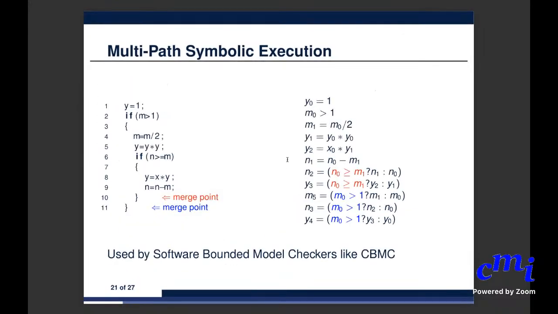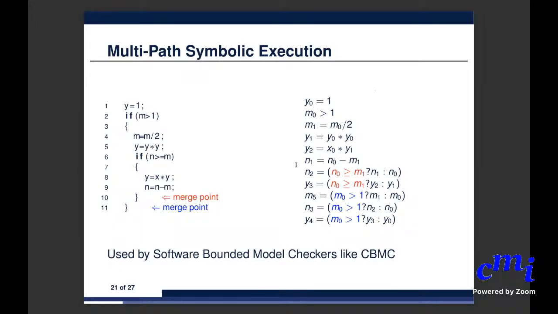Okay. So here, this notation is called SSA notation, static single assignment. Okay. So what CBMC does is, it still does unwinding at the level of the loop. But any symbolic path in the body is not enumerated by taking all possible truth combinations of the branching conditions.